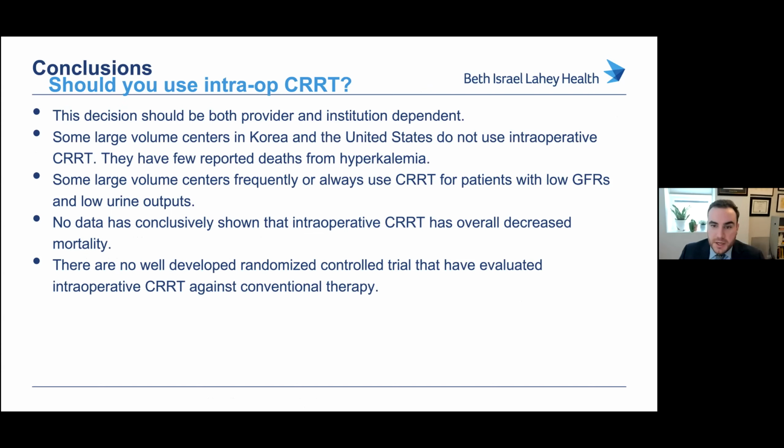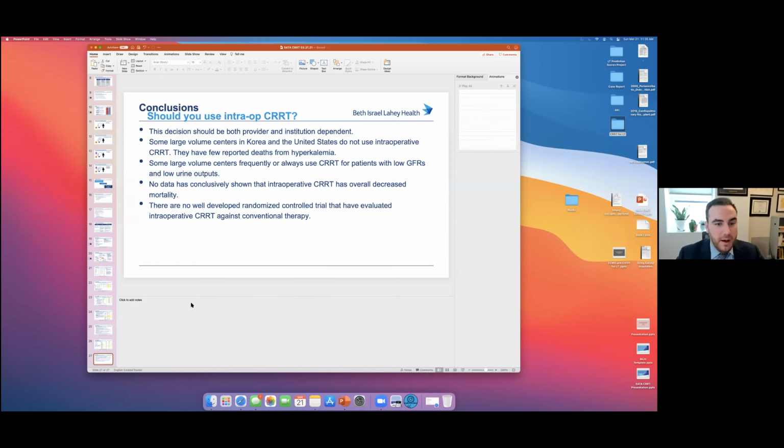There are large centers in Korea and the United States, Samsung Medical Center, UCSF, and several others, that don't use intraoperative renal replacement therapy. They've had very few, and according to UCSF, no reported deaths from hyperkalemia.